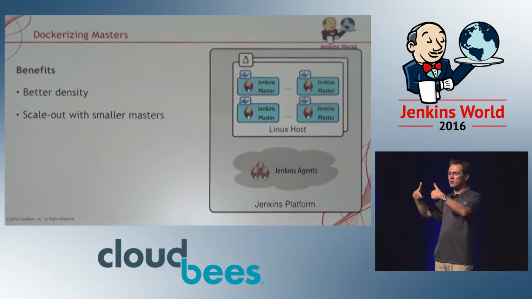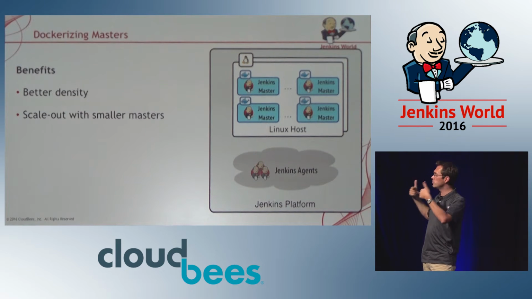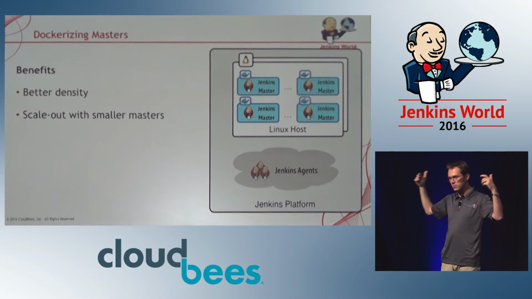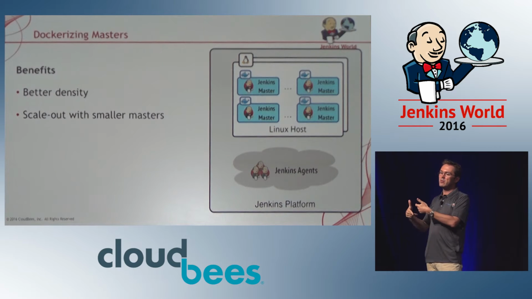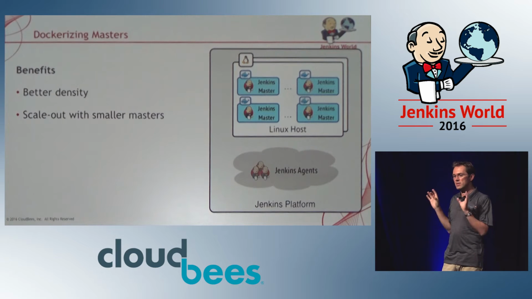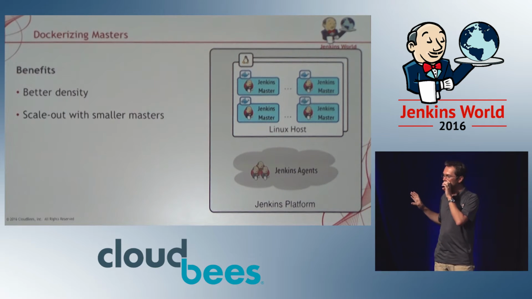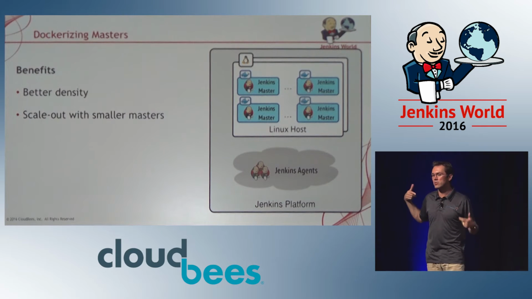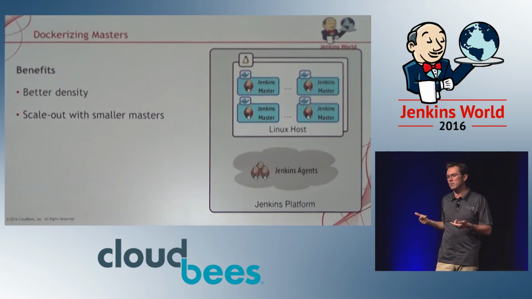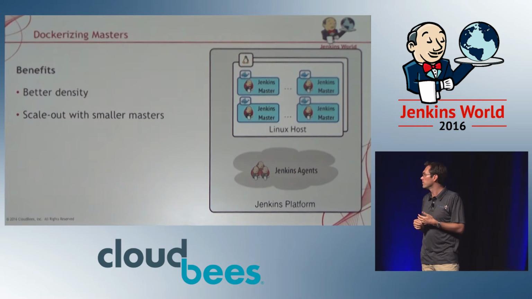Because with Docker containers, I will be able to start 2 Jenkins masters, 4 Jenkins masters, maybe more, on the same Linux box, and I will be very confident on the isolation, network isolation, file system isolation, all this kind of isolation. Docker will help me to implement this and will solve this problem.